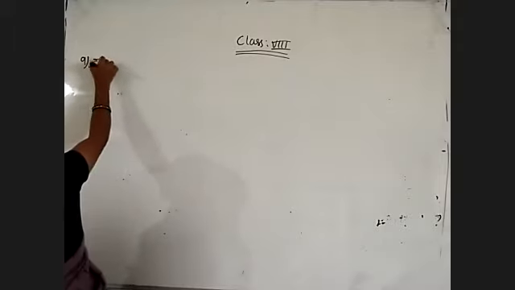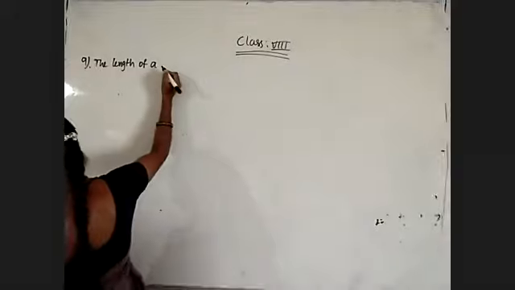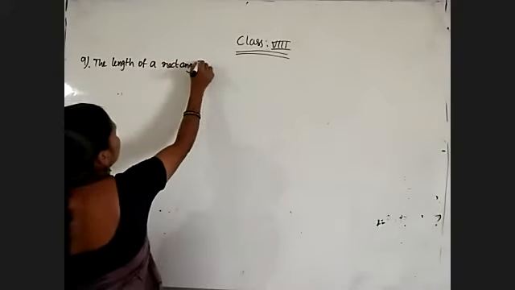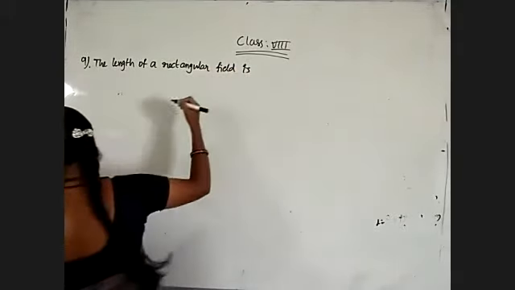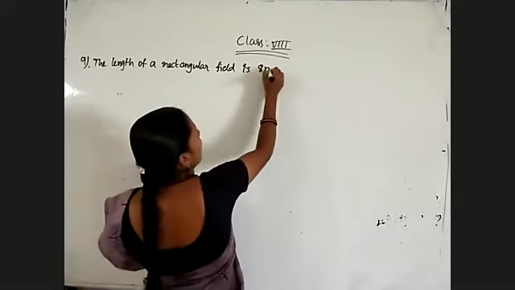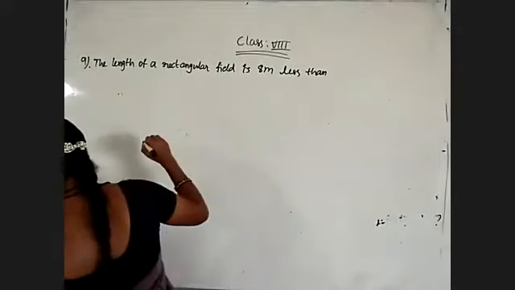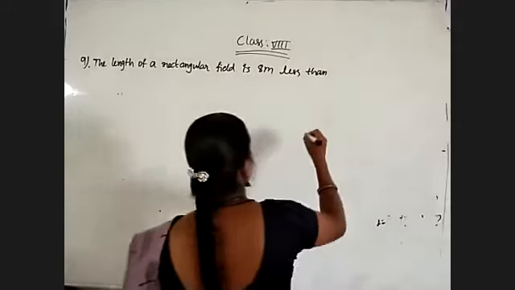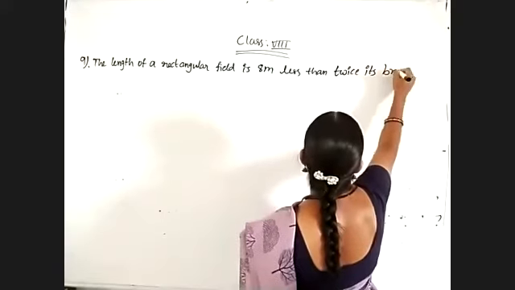The length of a rectangular field is 8 meters less than twice its breadth.